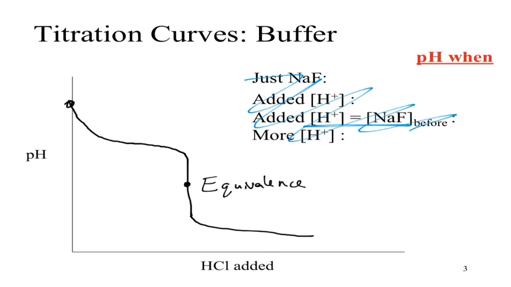Where did this number come from? The Ka. Interesting. Our pH equaled the pKa in that example. It didn't work in all examples, but in that particular one it did. So we can go back through and determine when that occurred. At that point, what did we say about the concentration of HF and the concentration of fluoride?